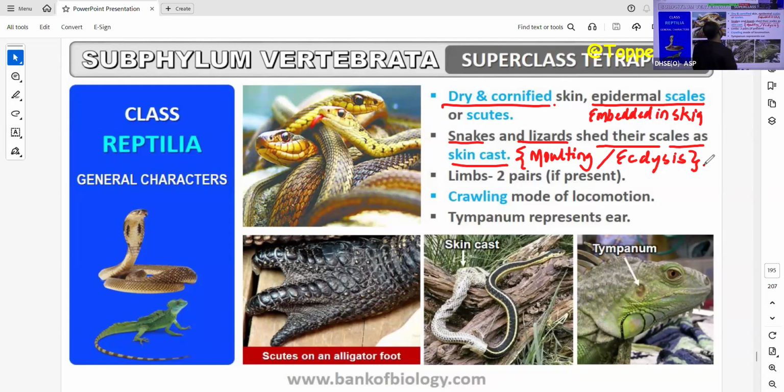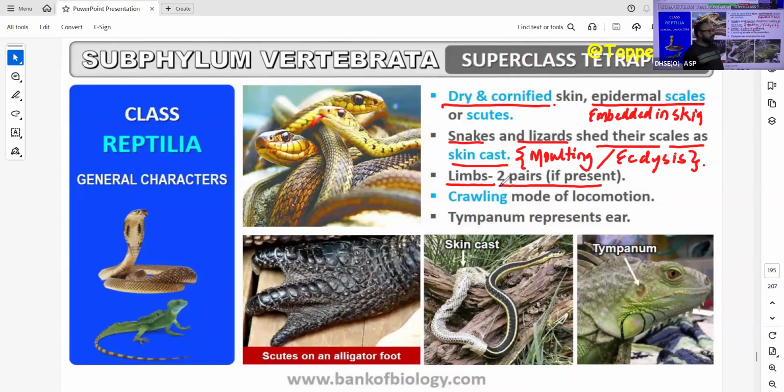Then they are also tetrapods. But there are several reptiles like snakes that do not have limbs, or limbs have vanished. That means those snakes did have limbs in the early parts of their evolutionary life, but later, those limbs have disappeared.